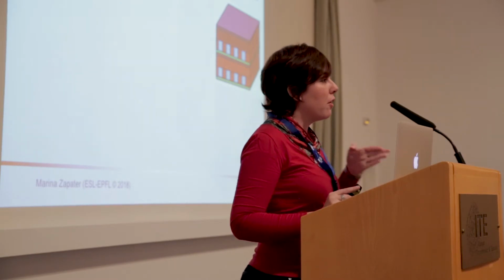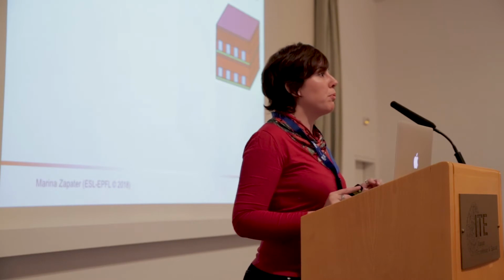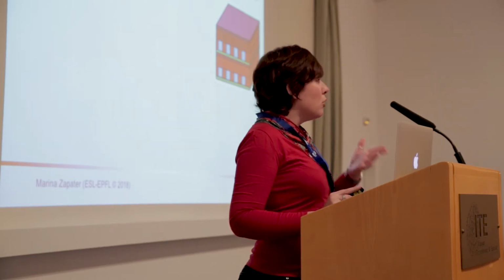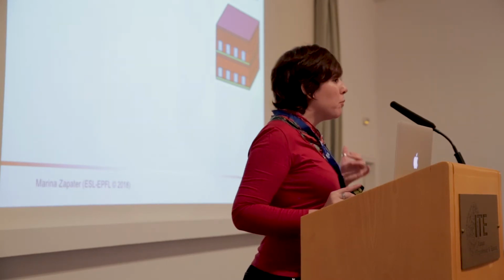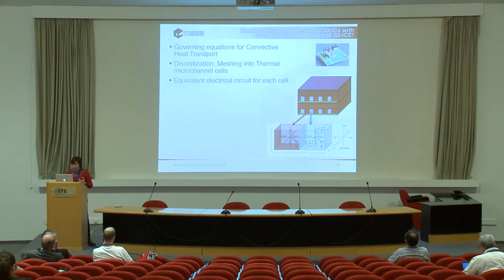So basically, our goal here is, we have this chip that you see on the right. The blue parts are the channels in which we're going to put our liquid. And what we want to do is to be able to simulate the thermal behavior of a chip with interlayer liquid cooling, which means that, different from HotSpot, it's not only about modeling solids now, it's about modeling liquids, which has some specific challenges that other simulators do not tackle, right?